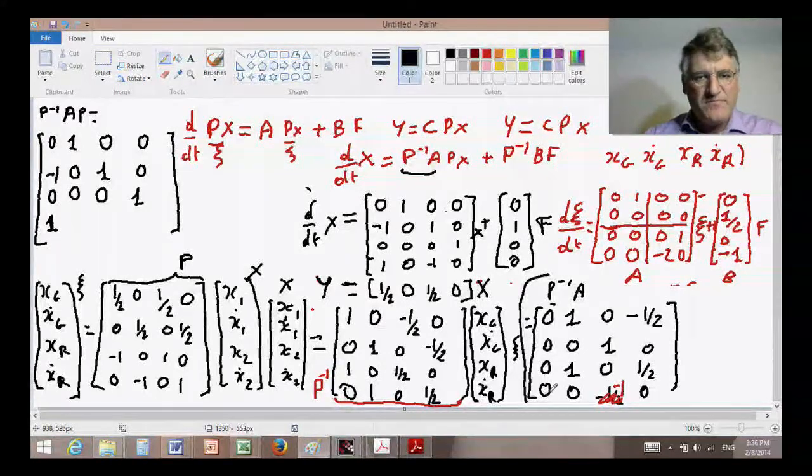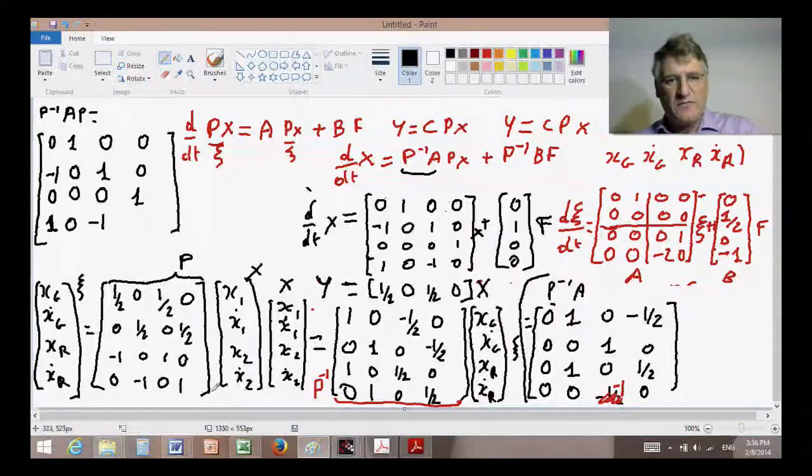Now, second column, last row, 0 times 0 plus 0 times 1/2 plus minus 1 times 0 plus 0 times minus 1, 0. Third column, 0 times 1/2 plus 0 times 0 minus 1 times 1 plus 0 times 0, minus 1.